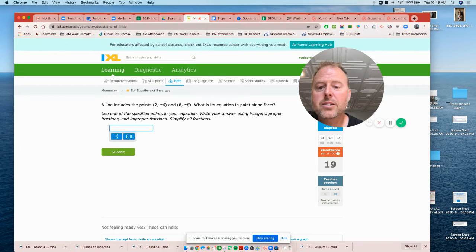To get my slope, I have to do y2 minus y1 over x2 minus x1. So -8 minus -6. Again, this is where people make the most mistakes. Using your calculator, -8 minus -6 is -8 plus 6, which is -2.